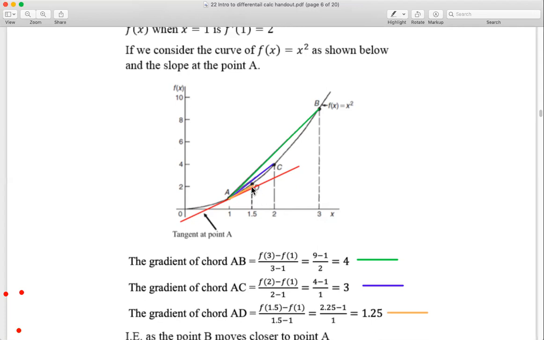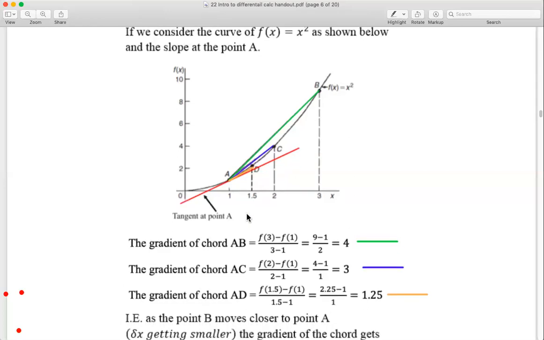If we move to a point a little bit closer still, D, then the gradient of that chord is 2.25 minus 1 over 1, 1.25. So as we move closer and closer towards point A, the slope of the chord gets closer and closer to the slope of that red line, which is the gradient at point A.